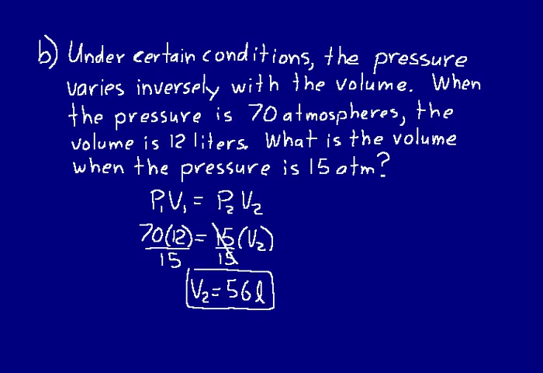So if you had an external pressure of 15 atmospheres with that initial pressure and volume combination, and your container only held 20 liters, then it might explode because that volume at 15 ATM is 56 liters. So scientists and chemists use this equation every day to help them understand gas relationships with pressure and volume.